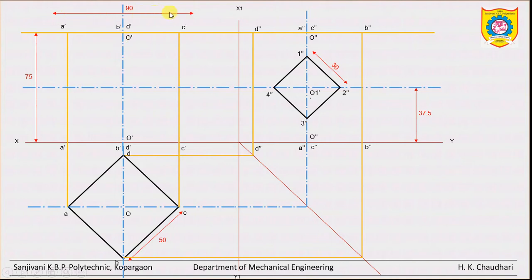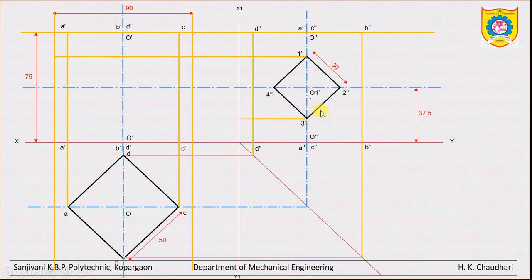The length of the axis is given 90 mm. So draw the end projector of this horizontal prism. This will be the length. Now draw the projection from side view into the front view for edge number 1. Similarly draw the 4 edges, 2 and 4 already on this center line.